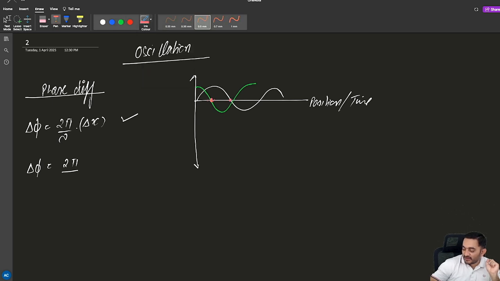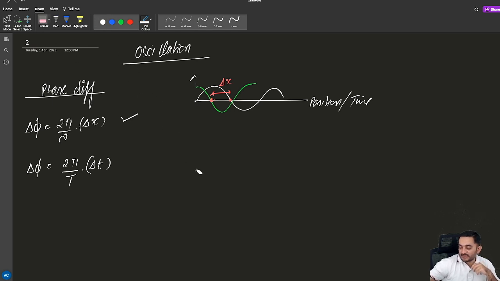The green one is the mean position, the white one is the mean position, this is delta x. Similarly, if it is a time graph on the x-axis, it is 2 pi by capital T into delta t. So these are the two formulas which will help you get the value of phase difference, whether you calculate from delta x or from delta t. It is simply your choice.